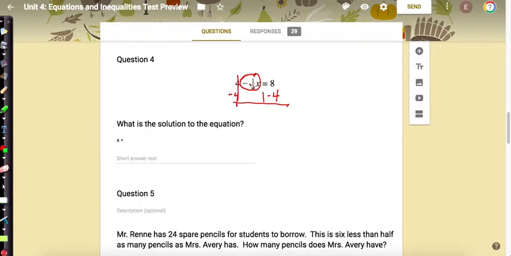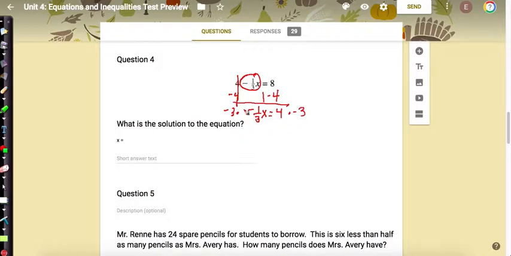So the 4's cancel. When I bring down the 1/3 x, since there's a minus sign in front of it, I see it as negative 1/3 x, and 8 minus 4 is 4. The opposite of division is multiplication, but there's a negative in front, so I'm going to multiply both sides by negative 3, not divide.